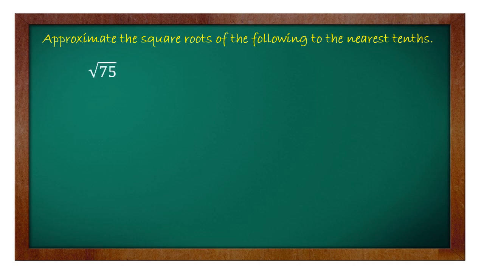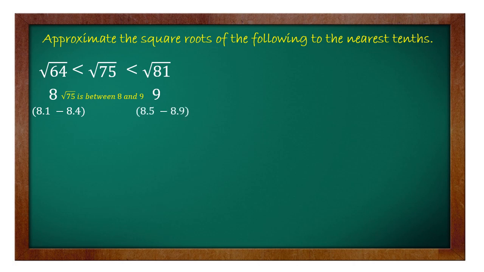Okay? So, for example, we have the square root of 75. Sabi natin kanina that the square root of 75 is between the square root of 64 and square root of 81. So, that is 8 and 9. So, ibig sabihin, meron tayong 8.1 hanggang 8.9. Okay? Yung 8.1 hanggang 8.9, i-divide natin into 2.